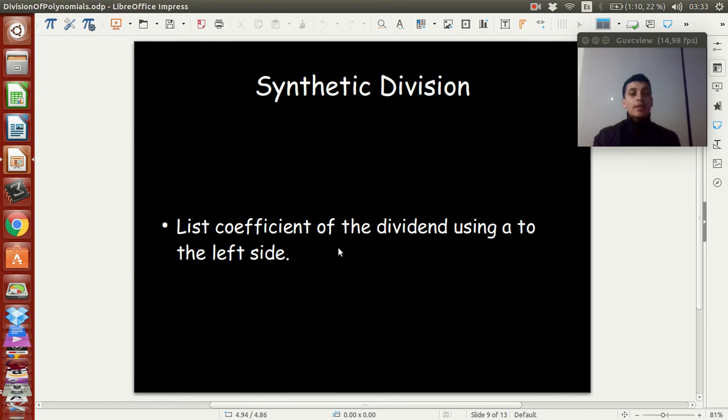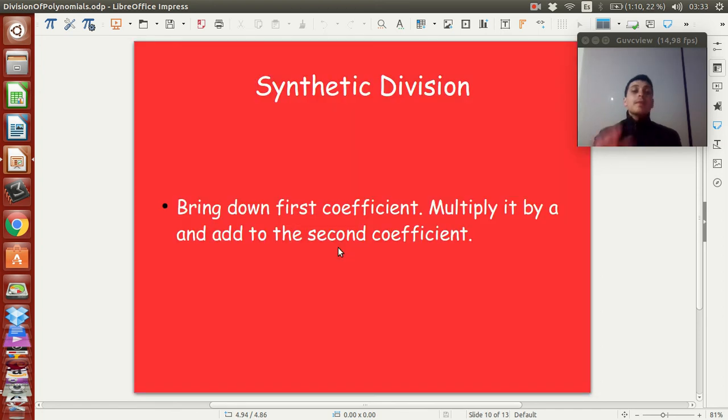As you have a, you have to bring down the first coefficient, multiply it by a, and then add this multiplication to the second coefficient. Then you have an answer. This answer multiplied by a, put it, and add it to the third coefficient, and so on and so forth, until you finish.